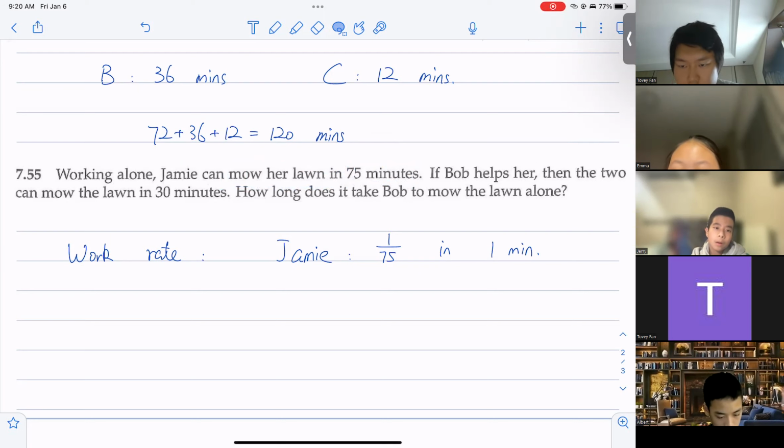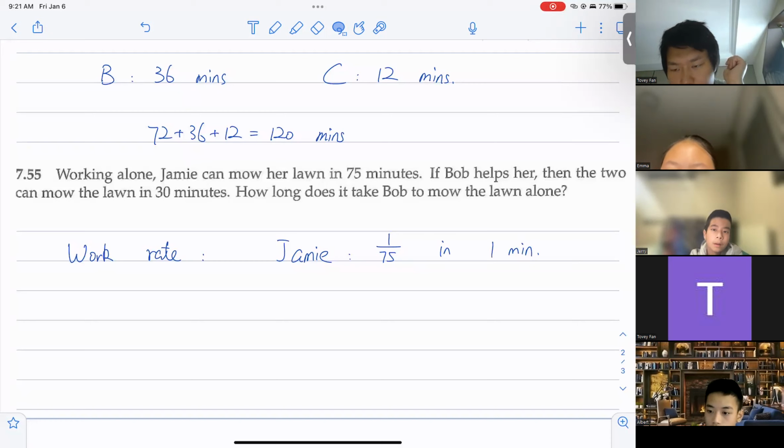In other questions, it could be any other job. Let's just say Jamie does the job in 75 minutes. That means in 1 minute, she can do 1/75 of the entire job, because in 75 minutes she completes the whole job. That's one, that's 100%. So in 1 minute, she can do 1/75.